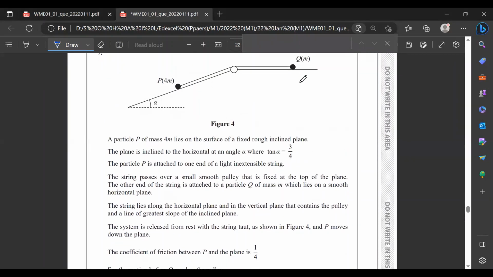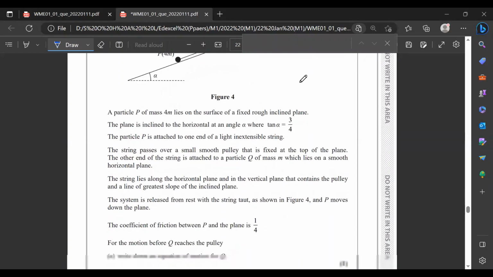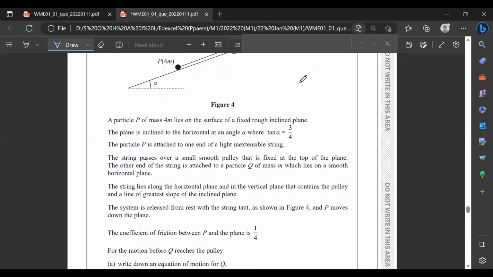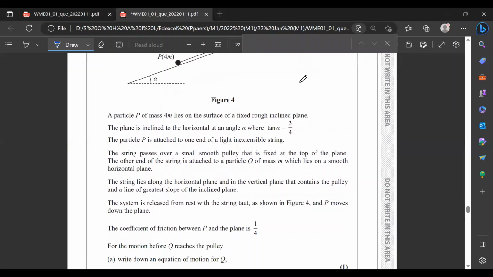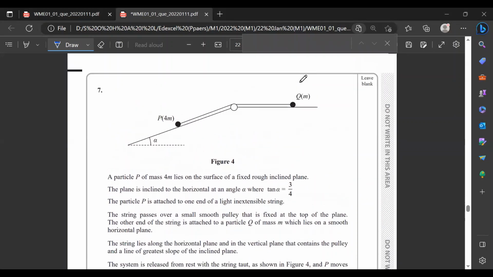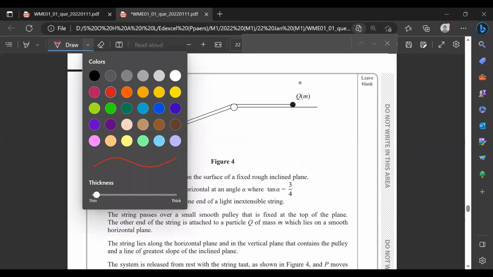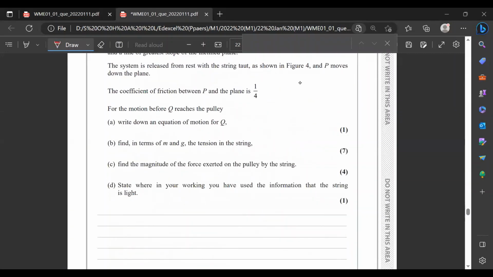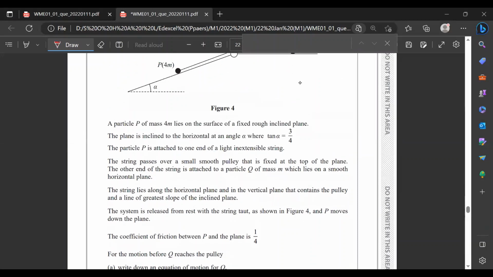So here, the first part, write the equation of motion for Q. So the pulley is smooth, the string is light and inextensible.